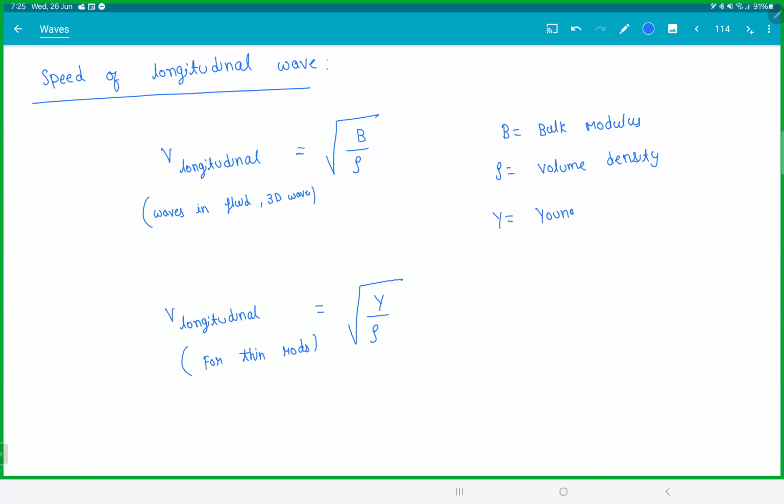You should definitely mark up these results. So when I say longitudinal wave, it need not be a sound wave. I can take a rod and hit it and you can get a wave in that also. Do note them down.